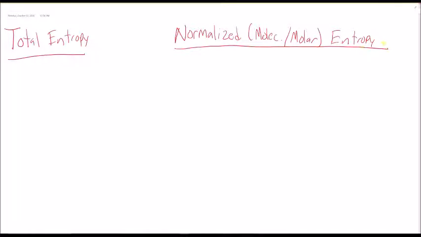Okay. So first, just to get a picture in your mind, what this means. Let's say I have some sample in a box, and this sample has some kind of complicated compounds in solution. And I do some process on this box, and I measure the entropy.